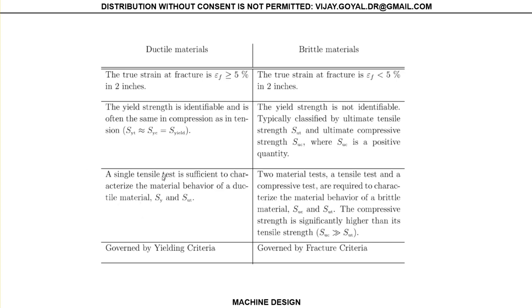A couple of comparisons between ductile and brittle. This we already talked about. In yield, typically what you have is sigma yield, and sigma yield in compression may be close to sigma yield in tension, but may not necessarily always be the case.